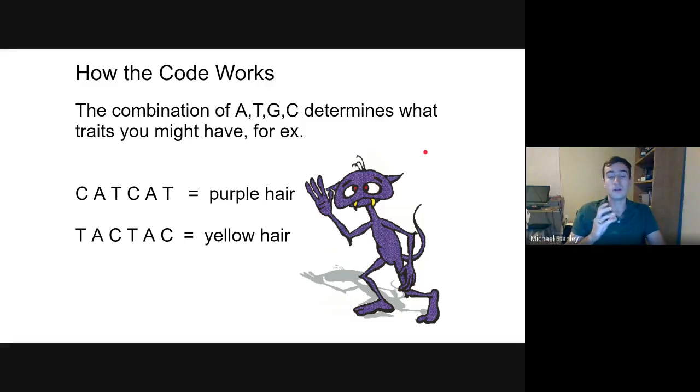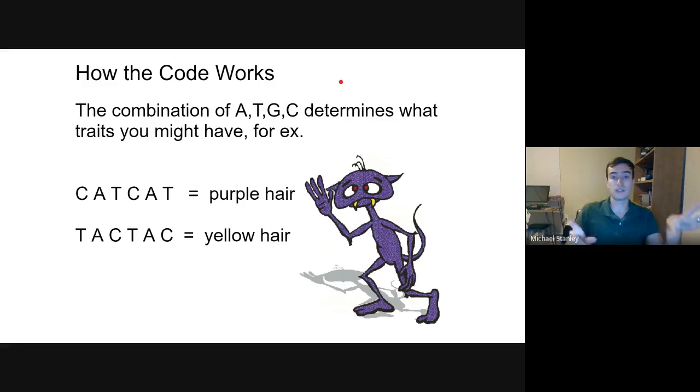All right, so we're not going to get super detailed into how exactly the DNA code works in this class. If you take Biology B in a future term, we'll go really in depth into how exactly the DNA turns this code into proteins. But essentially, it all comes down to different combinations of these ATGCs.